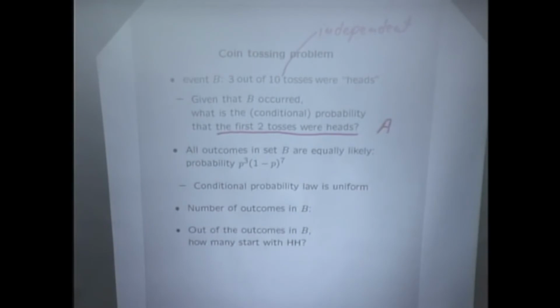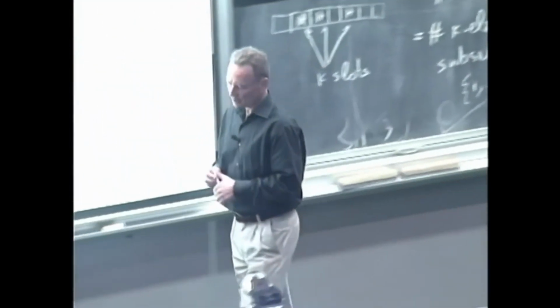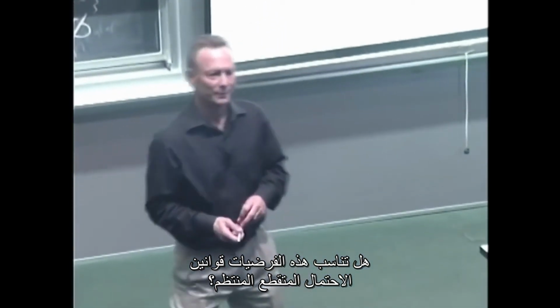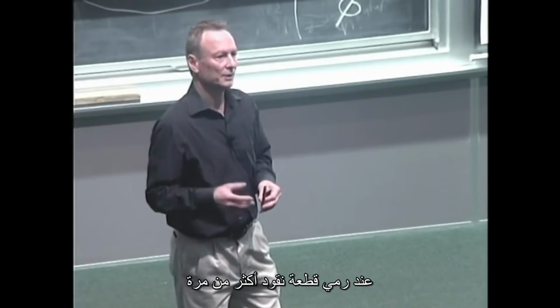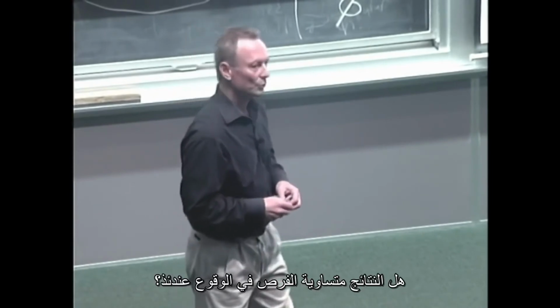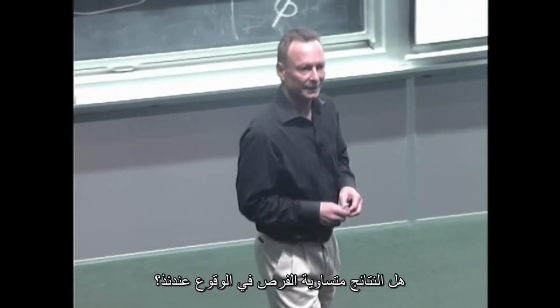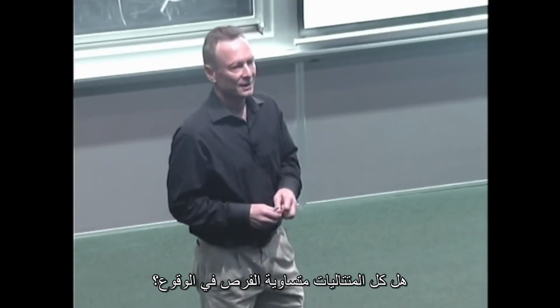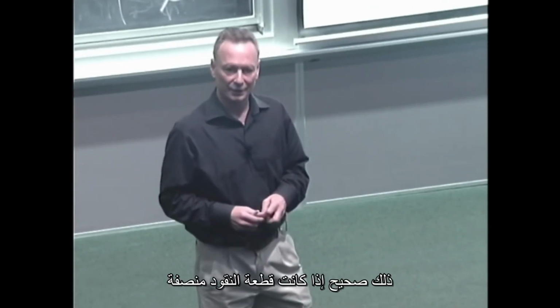Okay. So are we in the setting of discrete uniform probability laws? When we toss a coin multiple times, is it the case that all outcomes are equally likely? All sequences are equally likely? That's the case if you have a fair coin.